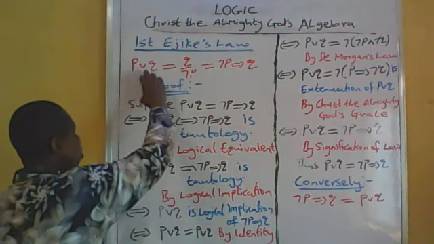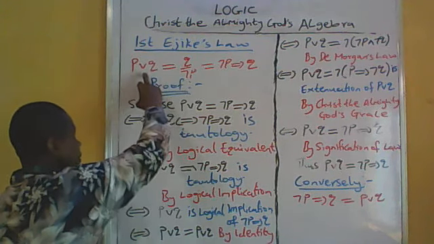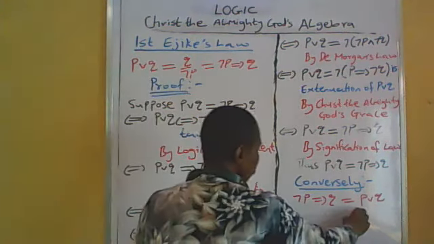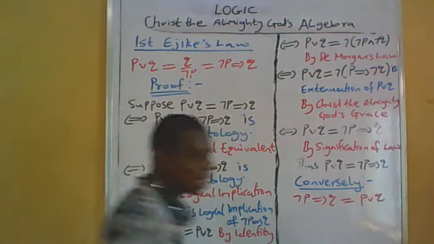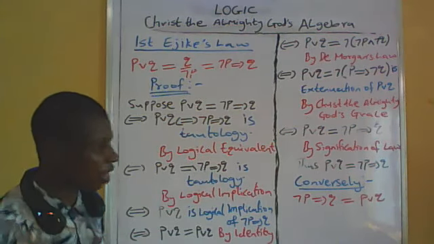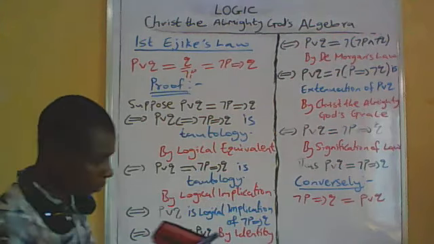Also, P or Q at the left side has now become P or Q at the right side. That means it is the converse. I'm going to prove the converse.